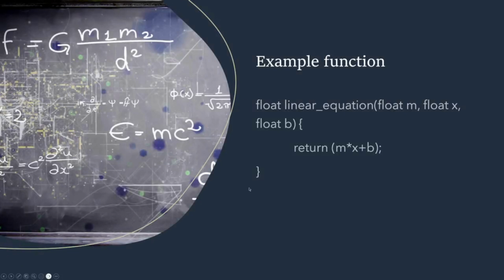So this is what a function looks like in C. First of all, I want a float value to come back. Remember that a float value is a number that may have a fractional component, so a decimal point. So this is saying, give me a float value back.